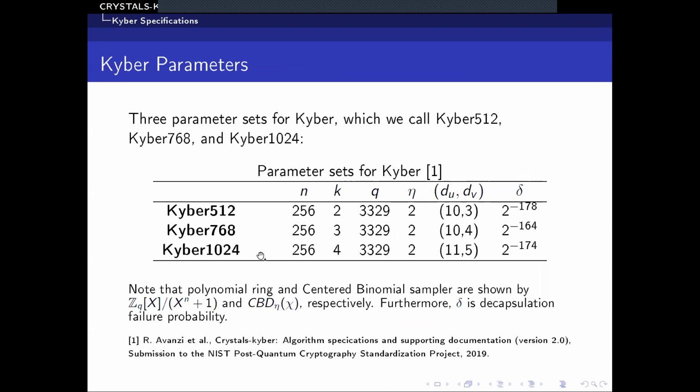Here we see different parameter sets for Kyber for different security levels. For all these security levels, n is equal to 256. And as you see, by increasing the k here, the security will be increased. I should mention that the value of q has been changed recently in November. So these parameter sets are known as Kyber version 2.